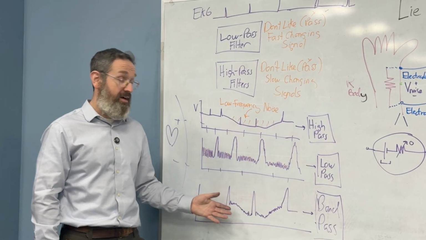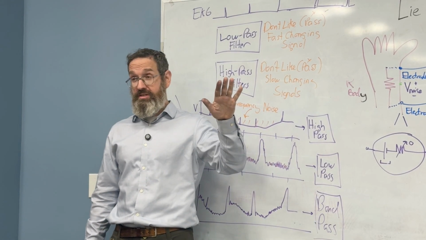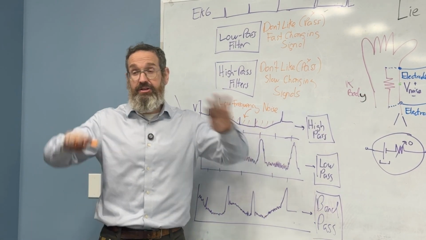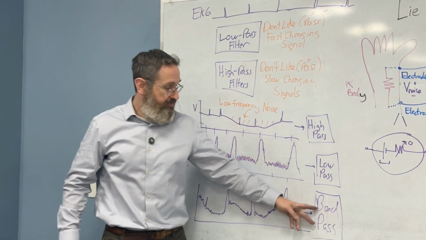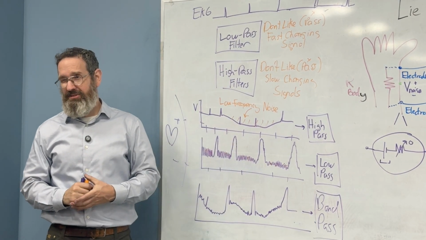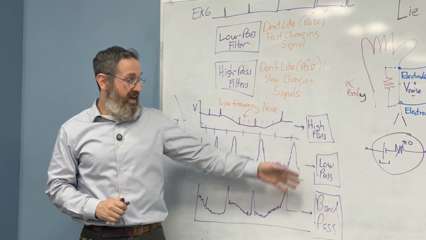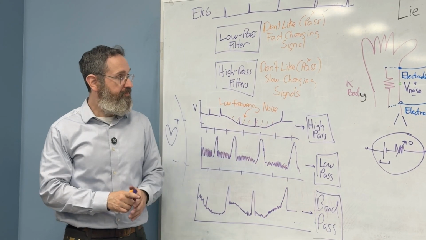And in this case, I'm saying I got some low frequency sinusoids and some high frequency sinusoids. I need to trim them off on both ends, which produces the band pass filter. No math in this case, but that's the concept.